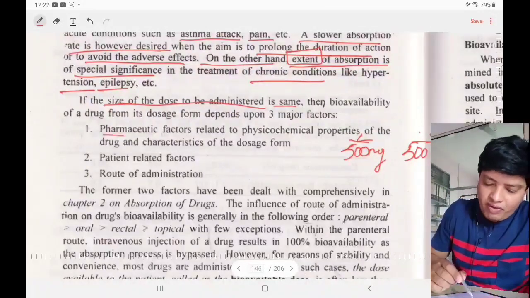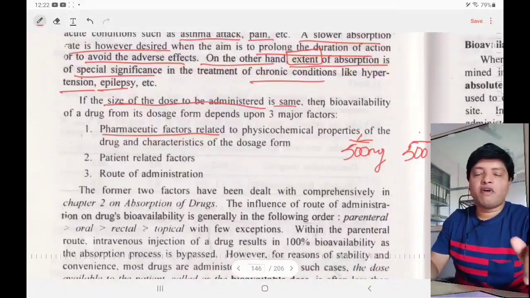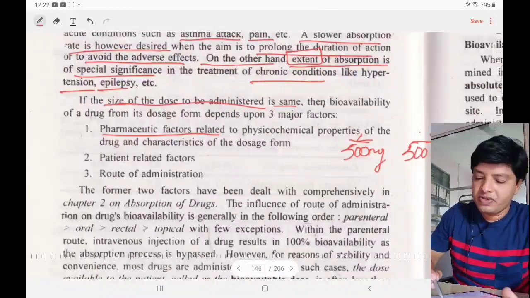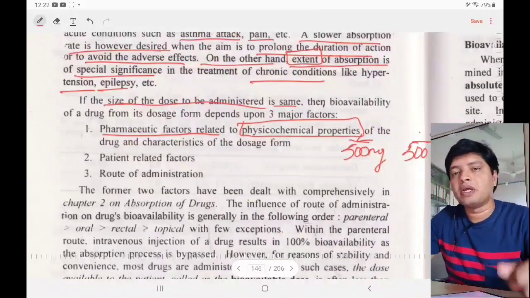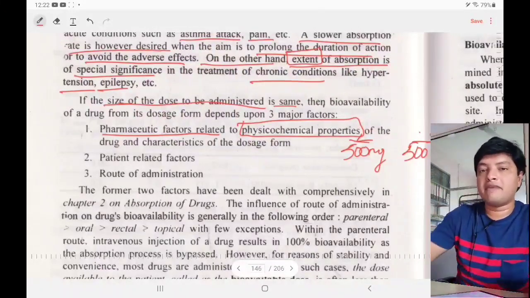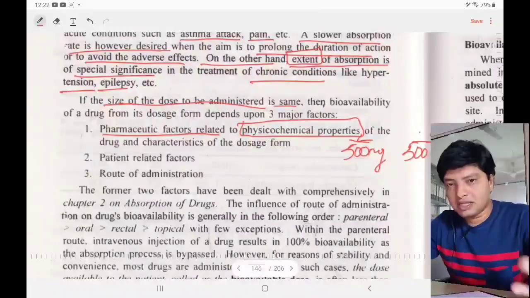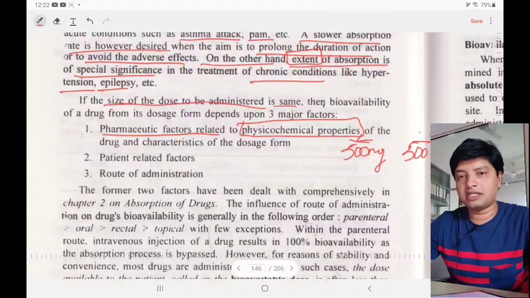One is the pharmaceutical factor. What is that? It is related to physiochemical properties of the drug. What do you mean by physiochemical properties? Whether the drug is soluble, whether it is crystalline or amorphous. If it is crystalline, which crystalline lattice, and whether that lattice is metastable or stable.